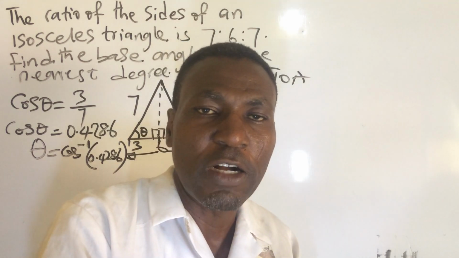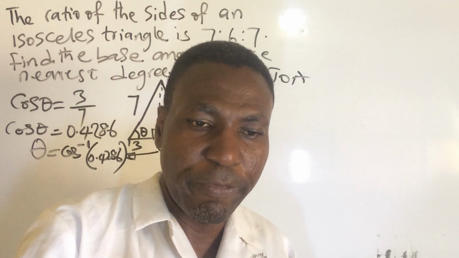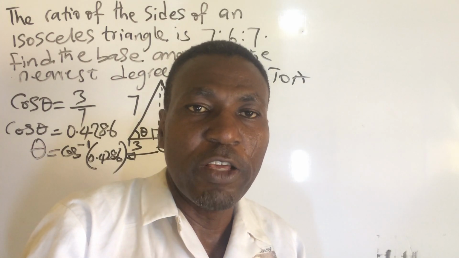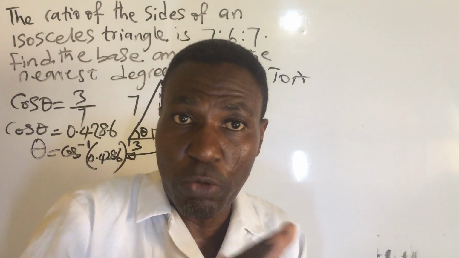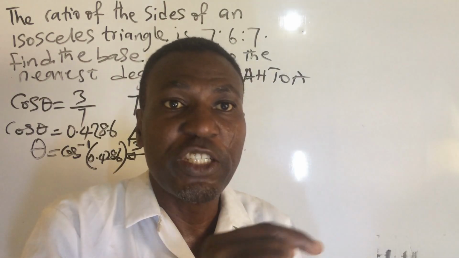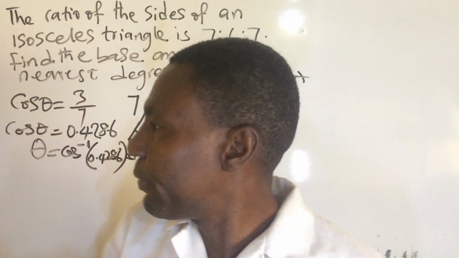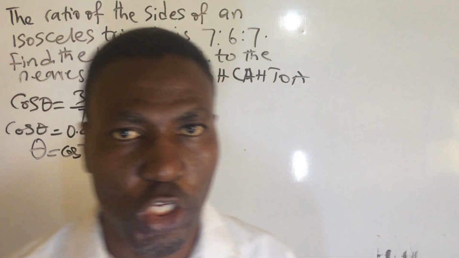If you want to get the value of those things under the buttons, not the ones on top of the buttons, you press shift and press cos. The cos inverse will come out. You now type all these values there and press equals to, it will now give you the value, okay?